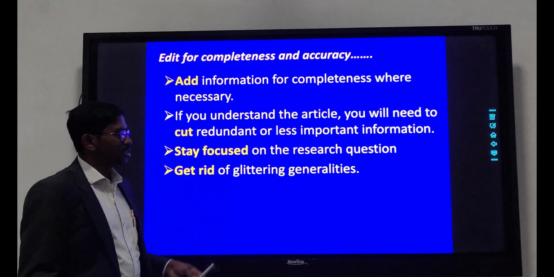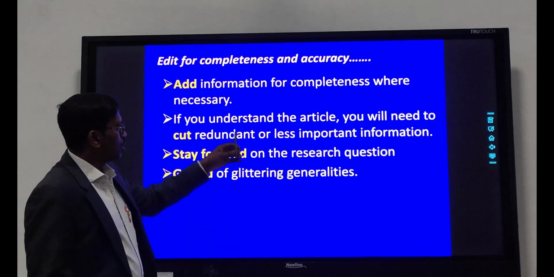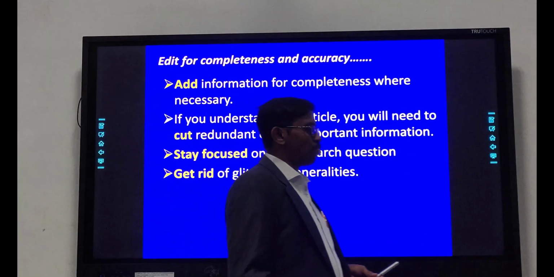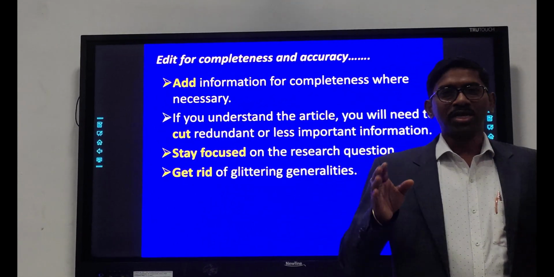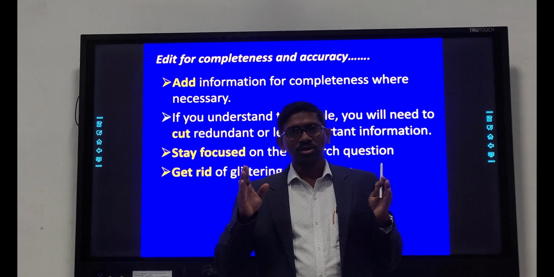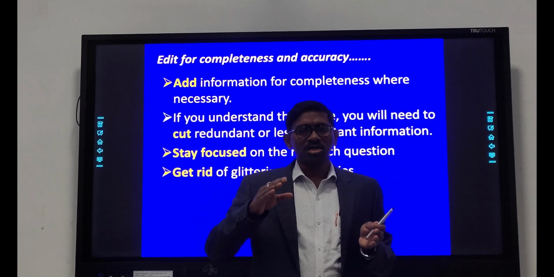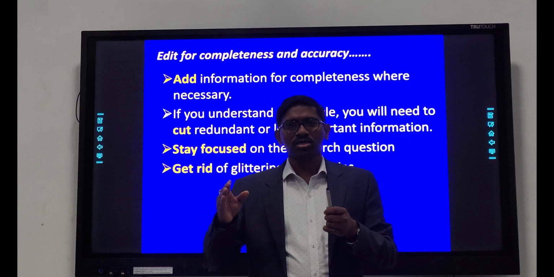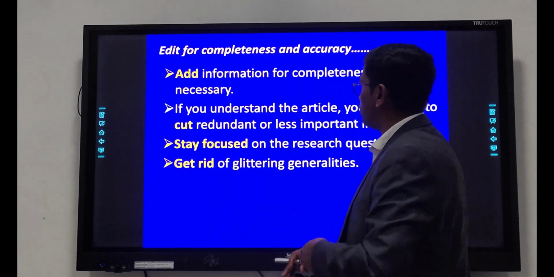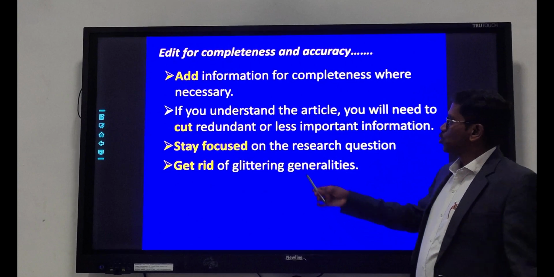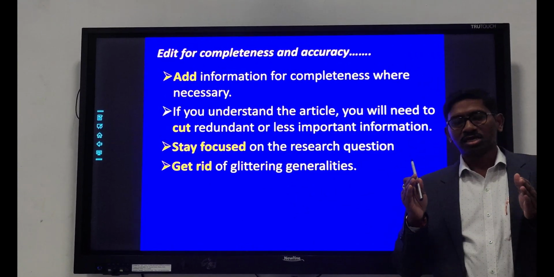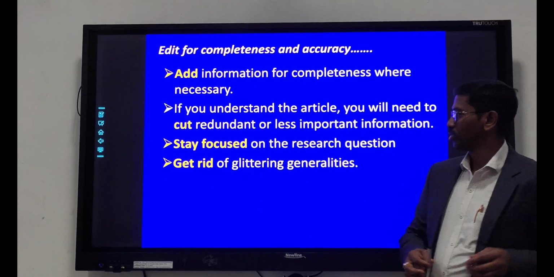Secondly, if you understand the article, you will need to cut redundant or less important information. Many times while writing the draft, we include some unnecessary information. That unnecessary information needs to be polished away at the time of finalization of the summary. That's why a final edit of the prepared summary is utmost necessary.